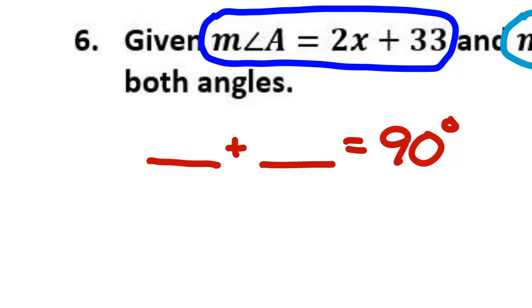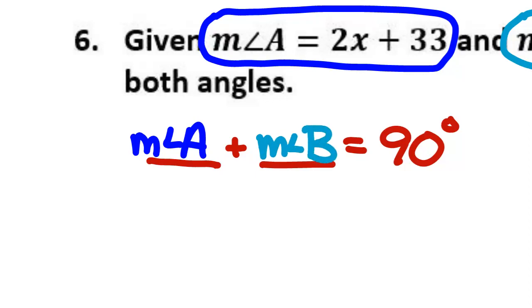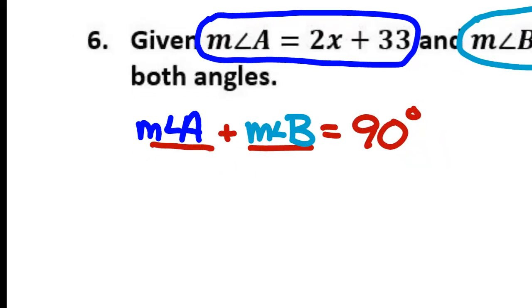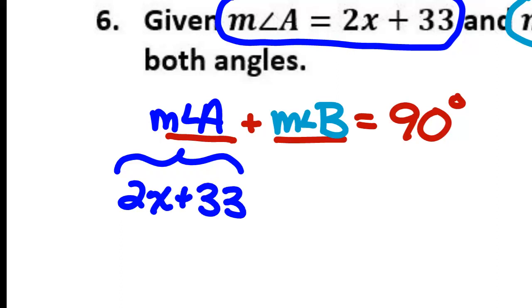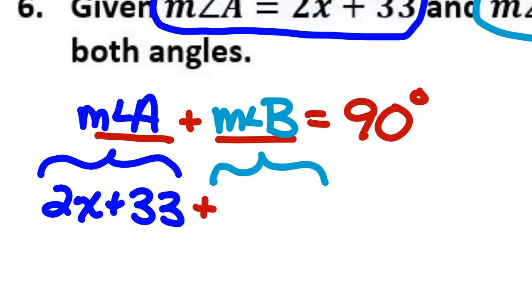In this case, they told me that angle A plus angle B add up to 90 degrees. And then we were told right here that angle A is 2x plus 33, and that angle B is 3x plus 15.